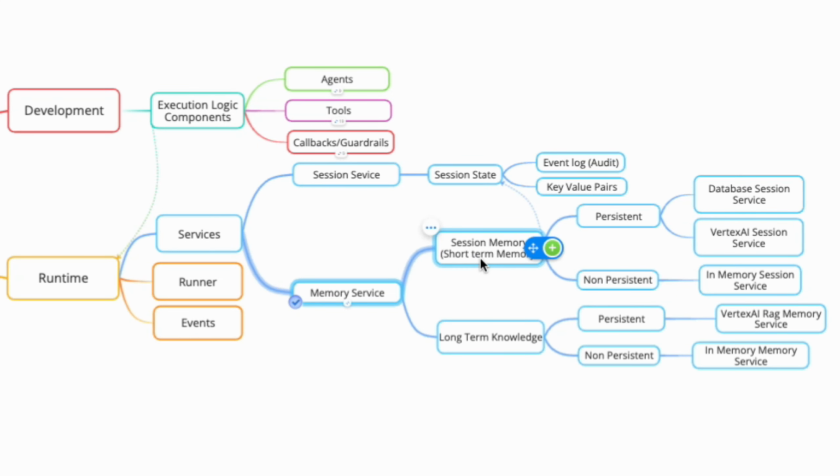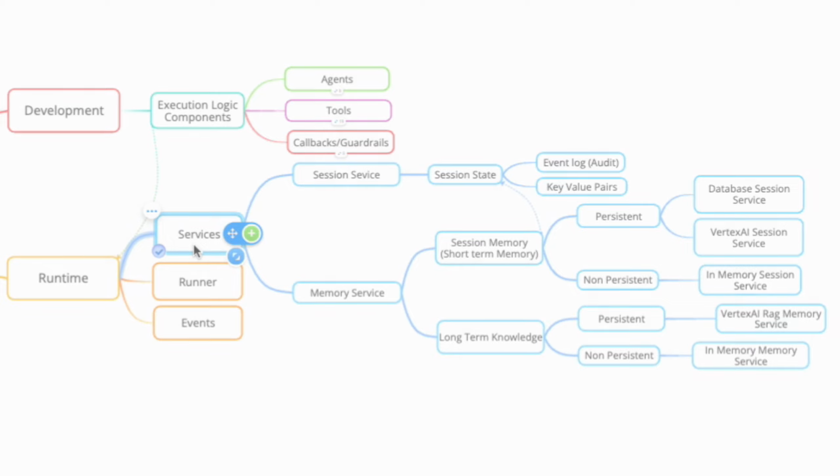Short-term memory associates itself with the session, and long-term memory is what you look back at for the agent run itself. Both short-term and long-term memory have persistent and non-persistent options. Persistent is where you would use databases, etc., and non-persistent ones are in memory and last during the session itself.